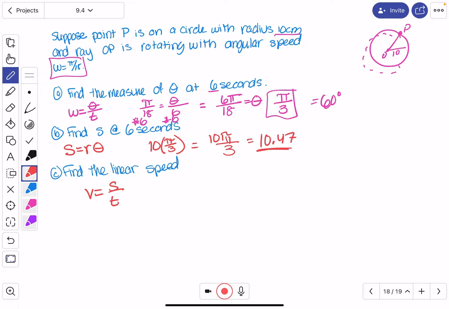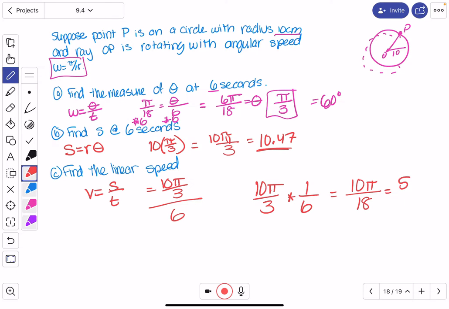V equals S over T. So our S was 10 pi over 3, and our T was 6 seconds. So if you do 10 pi over 3 divided by 6, which is like multiplying by 1/6, you get 10 pi over 18, which reduces to 5 pi over 9.